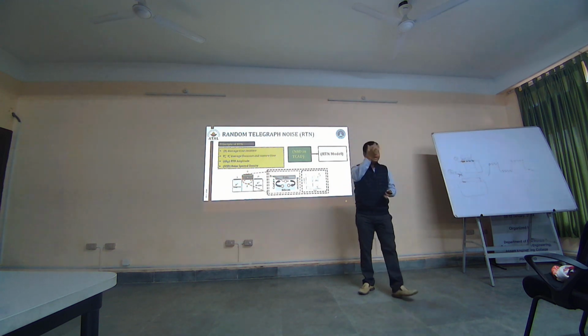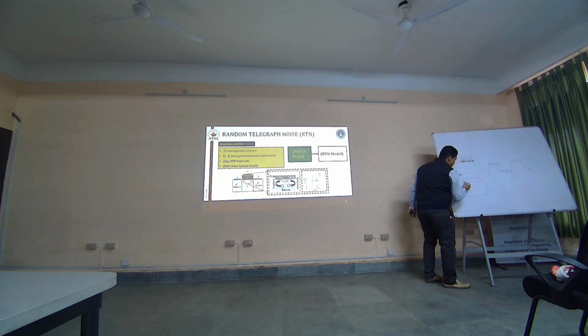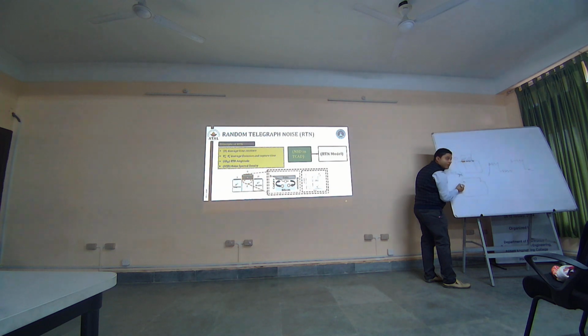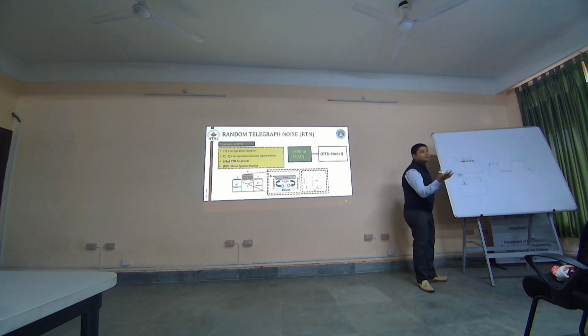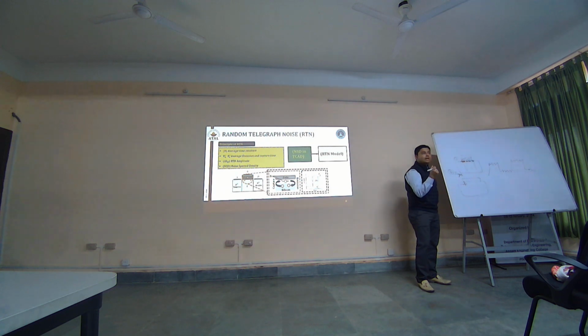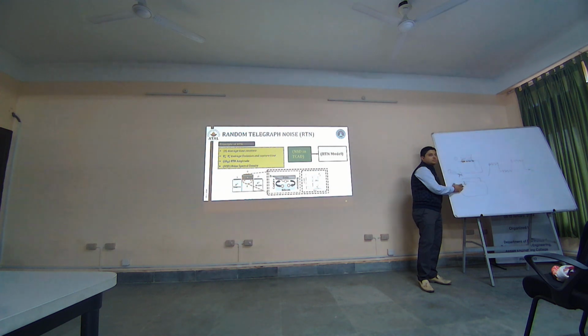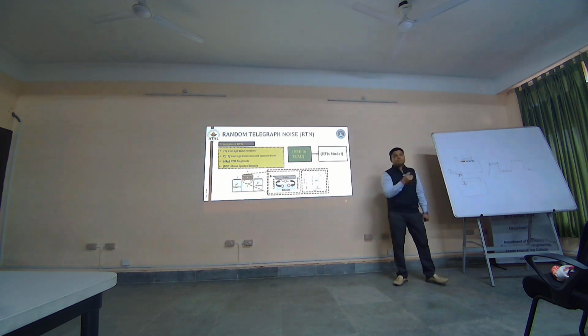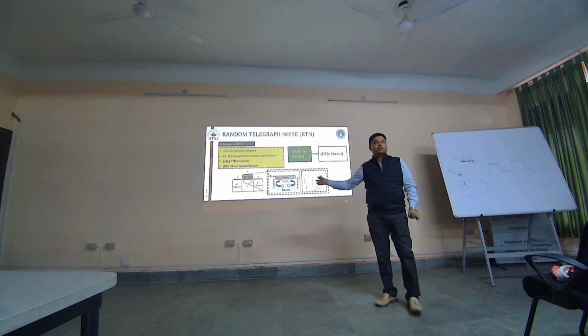If you have a trap at the interface and an electron moving here, the trap is going to capture it, hold it for some time, and again release it. But you don't know at what instant it is going to capture and at what instant it is going to release. Therefore, this is a probabilistic matter, so you have to go with a Poisson distribution process to model this.